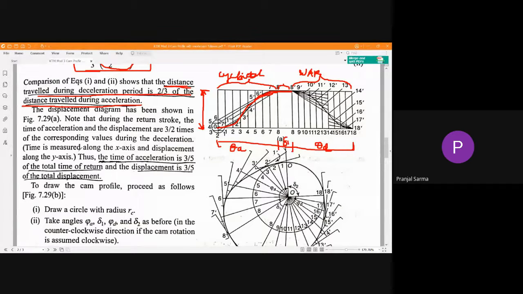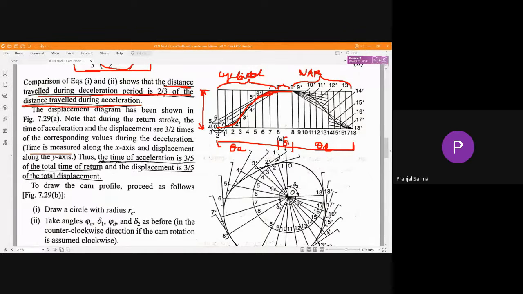So ultimately along the x-axis we can consider theta, or the time also. Same thing, because theta means angular displacement. For a particular angular displacement to take place, whenever it is uniform motion we are talking about, it takes a particular time. So in terms of time also we can discuss, no problem.